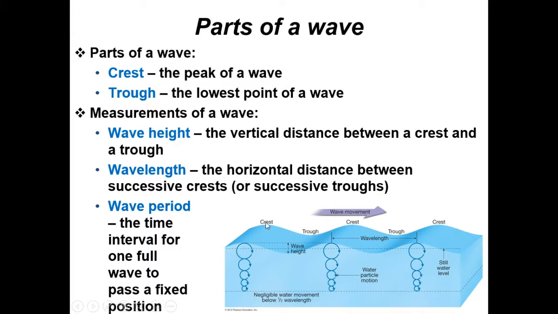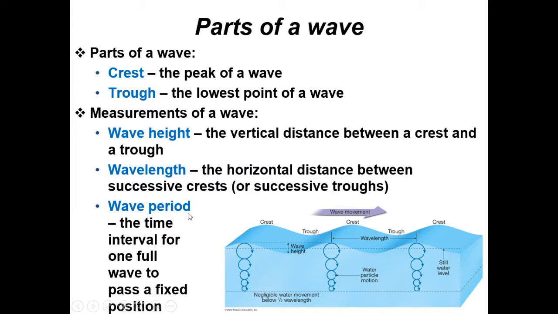A wavelength is the distance between two successive crests, so two different waves. The wavelength is the measurement of distance between one crest and the next crest, or one trough and the next trough, basically.